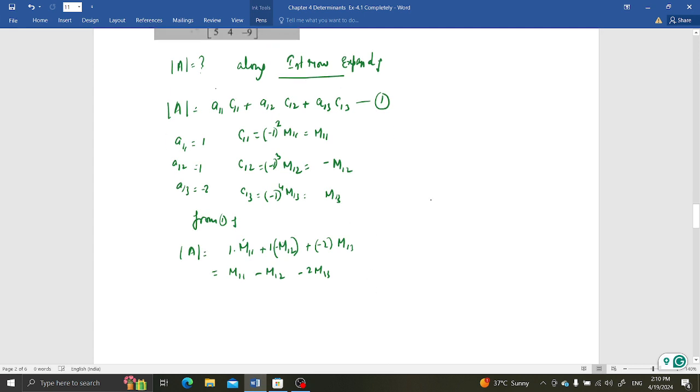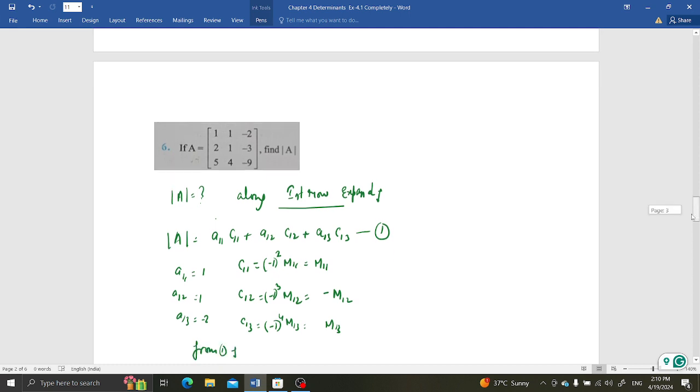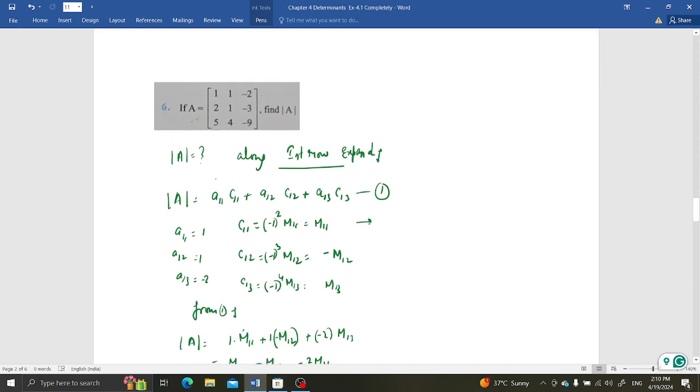Now what is M11? M11 value is the determinant obtained by removing the first row and first column, 1 minus 3 4 minus 9. So minus 9 plus 12, and what we get is 3.